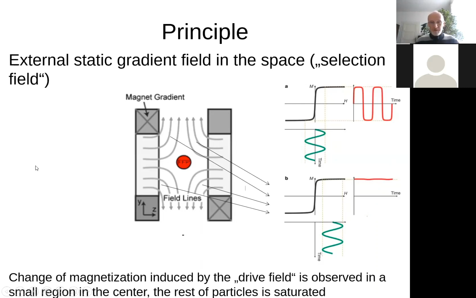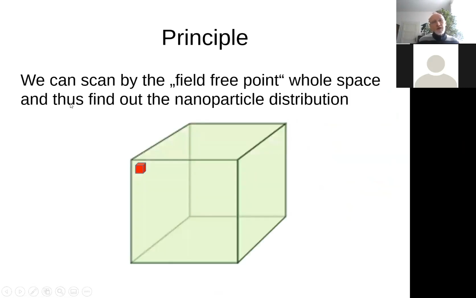So this is the basic principle, because we can now scan the whole space by the field-free point, placing a field-free point here, then here, doing the scanning and so on, and check whether we obtain a signal, which means there are some nanoparticles, or if we don't receive any signal, it means there are no nanoparticles.